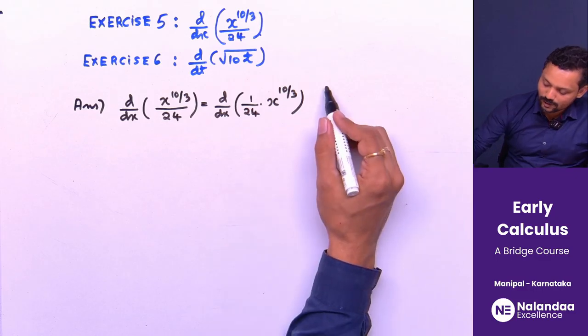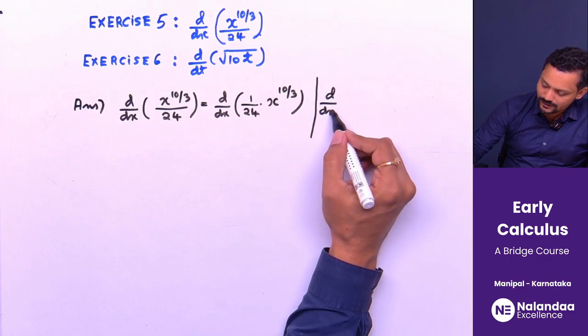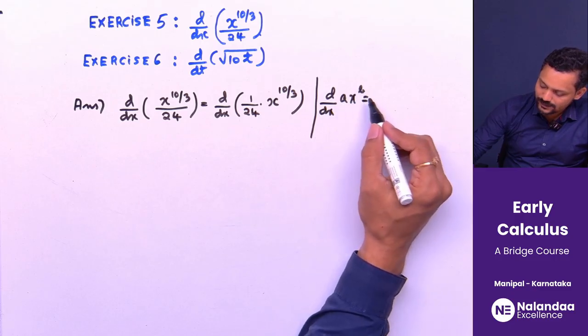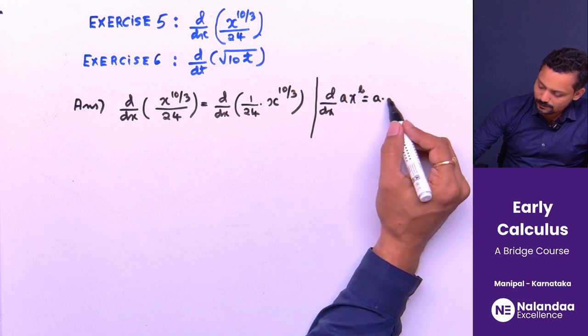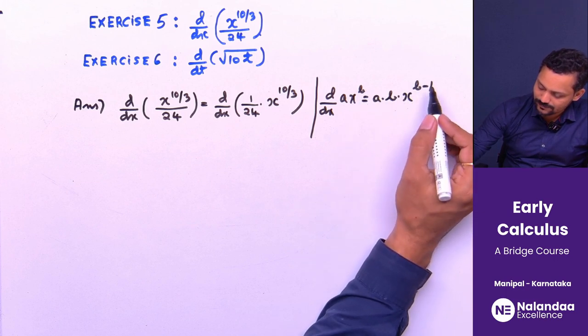We now have the concept here d by dx of a x power b is a into b into x power b minus 1.